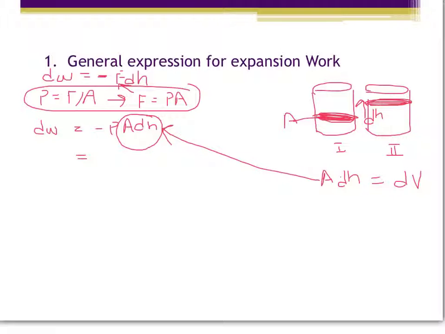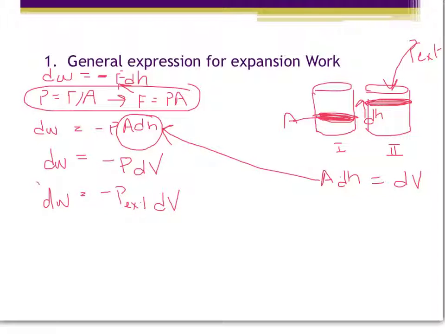Therefore, we can say that dW is equivalent to negative pressure times change in volume. The pressure that we're talking about here is this external pressure that is opposing the system, not the pressure inside the system, times the change in volume.